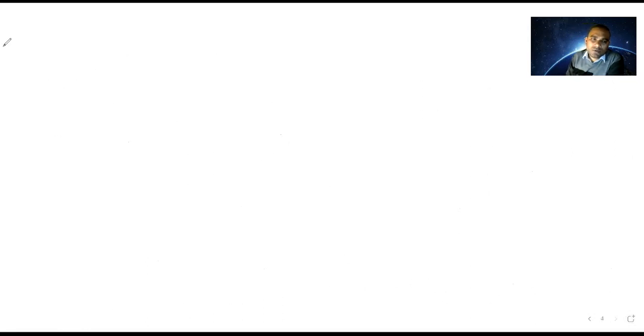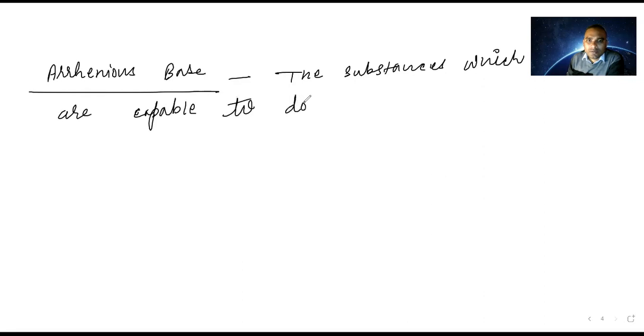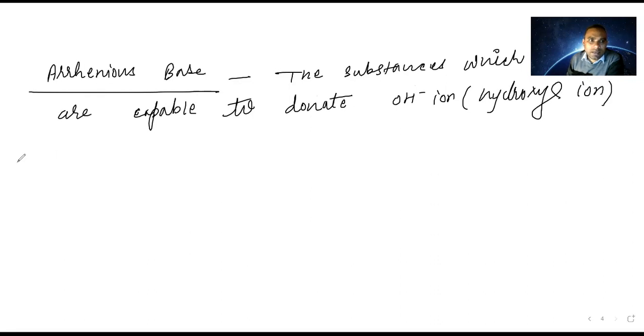Now, the next one is the Arrhenius base. This is a very simple definition. The substances which are capable of donating OH minus ion, that is known as hydroxyl ion, in water.